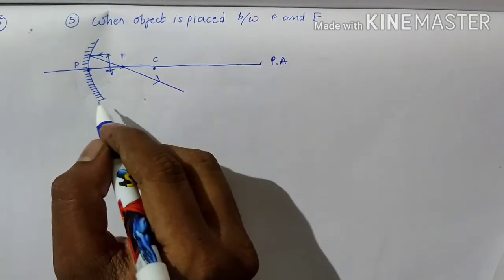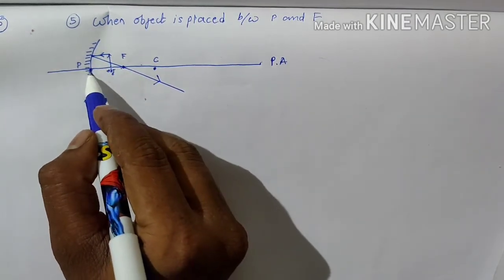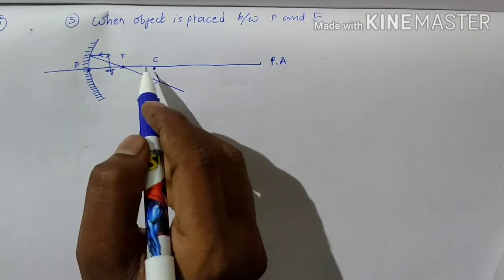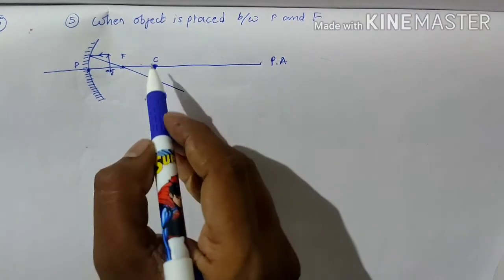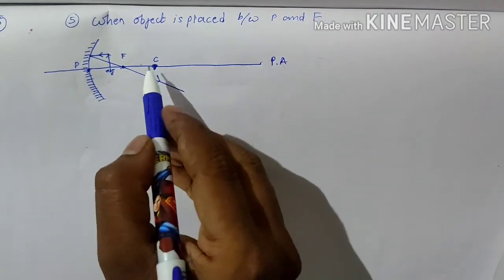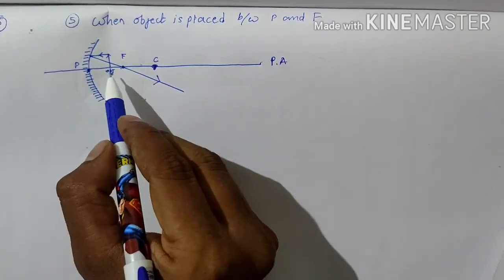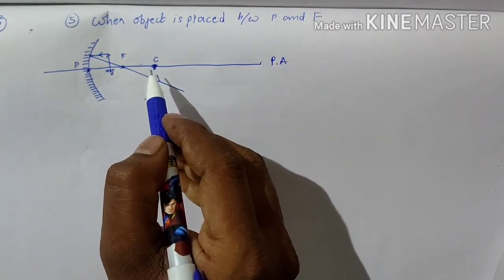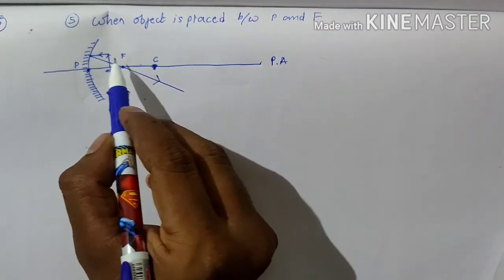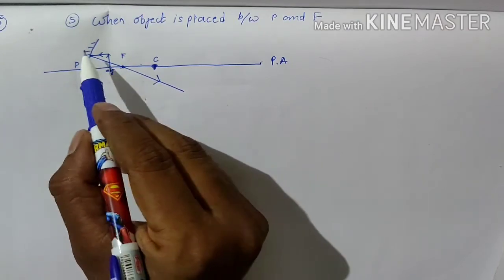For the second ray, you can take the ray passing through the pole. You can also take the ray passing through the center of curvature. But here, if you see this image, you will come to know that the center of curvature is behind the object.